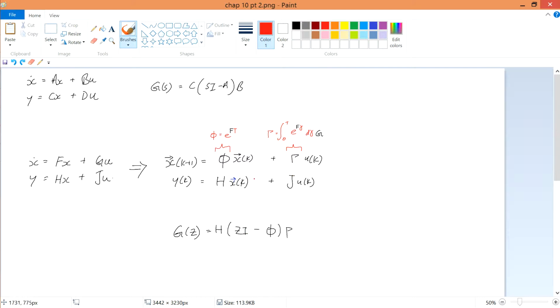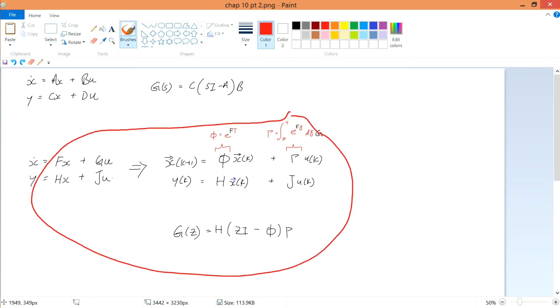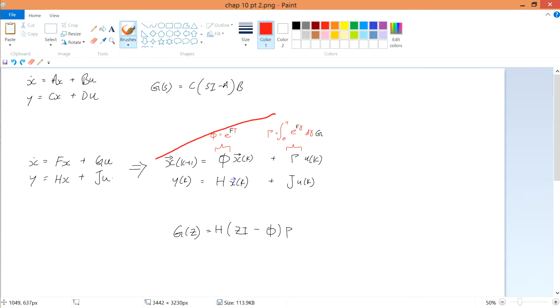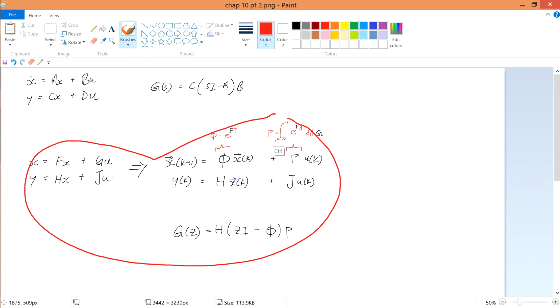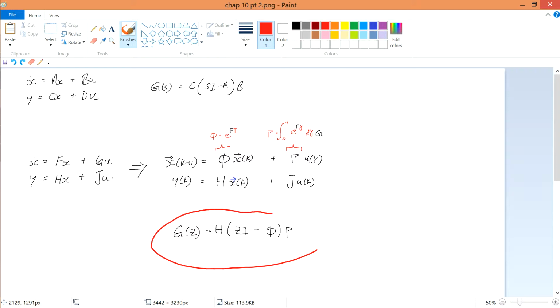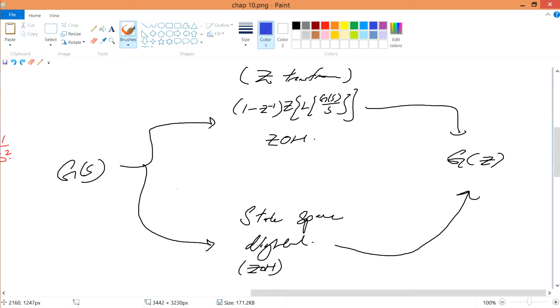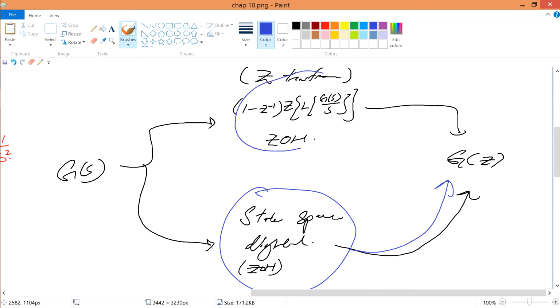Things like that. This is the definitions of your state space in the discrete domain. So in the next video we'll use these definitions to help us derive a certain transfer function in the Z domain, where we try to prove to you that the state space answer will be the same as when you Z transform your certain transfer function.